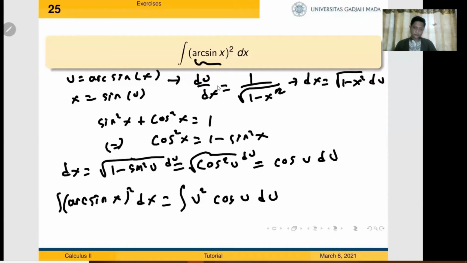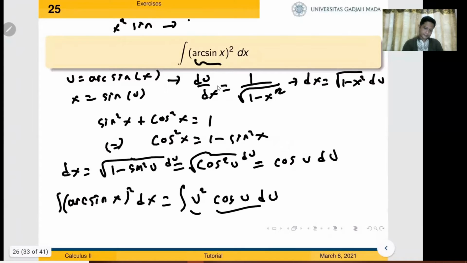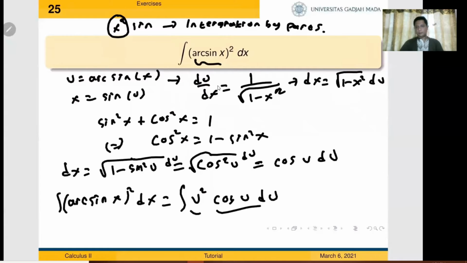So how to solve this? If we have two parts, then we should consider using integration by parts. It's like our second strategy. Just try whether we can use it or not, but usually if you have x squared times sine, just use integration by parts, because you can reduce the power one by one.